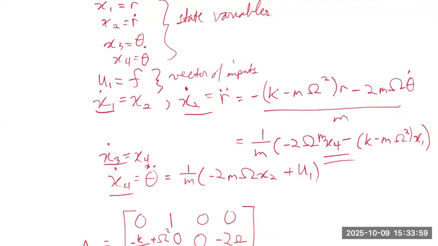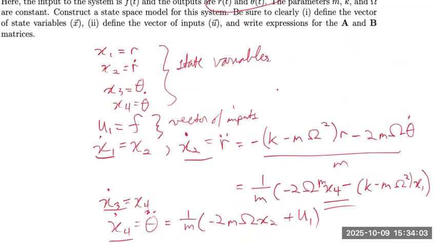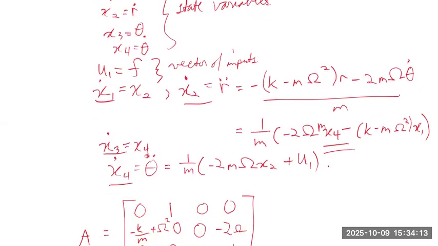As you see in our problem, the vector of inputs is only f, and we have 4 state variables. So u1 is equal to f, and theta double dot is equal to 1 over m times (negative 2m omega x2 plus f).